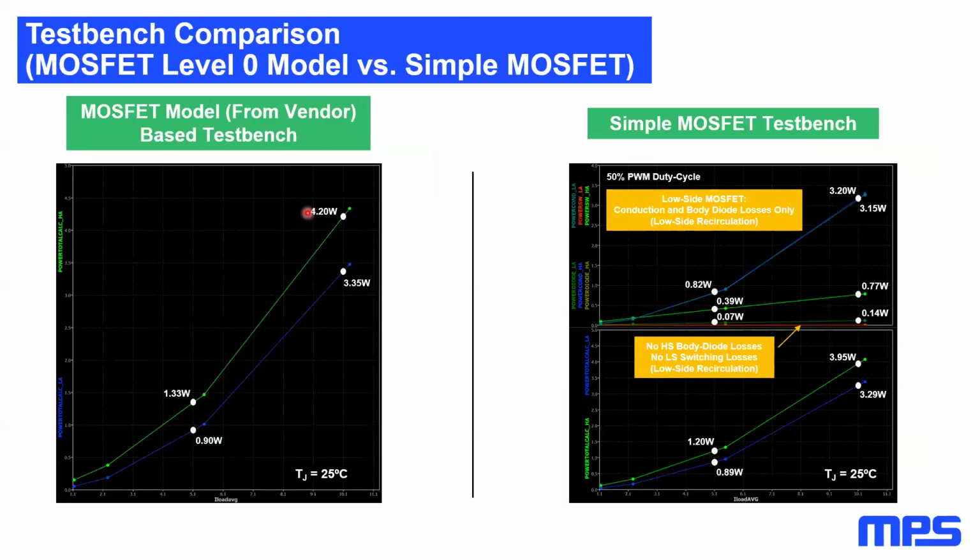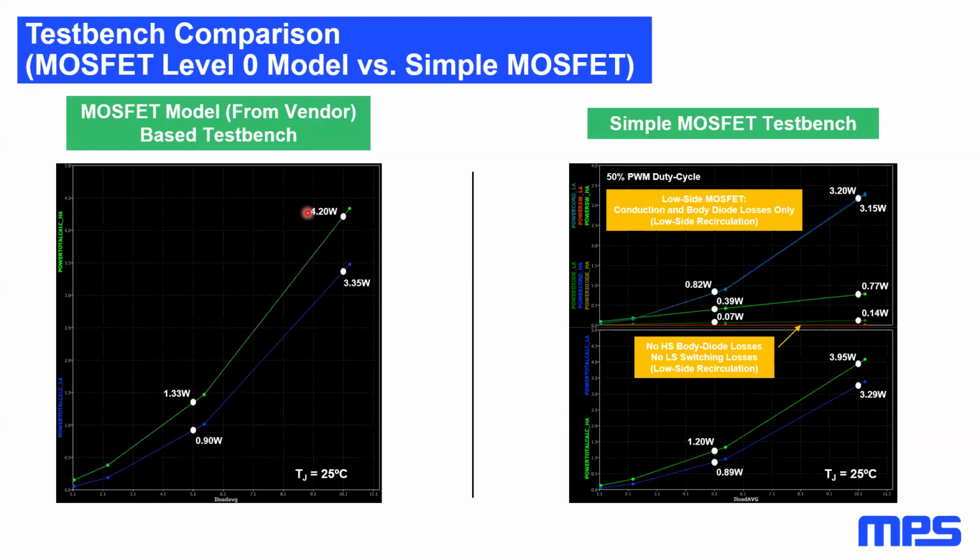Because, for example, this switching losses topic is basically associated with only one MOSFET. If the current is completely going out of the switching node, the low side has no switching losses, and the high side has them. What that means is that the high side has more losses than the low side.